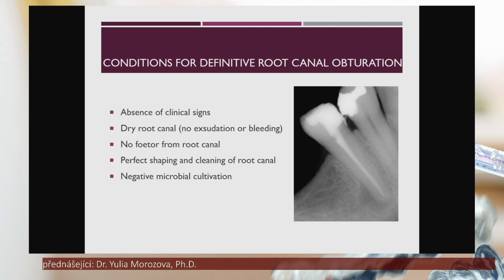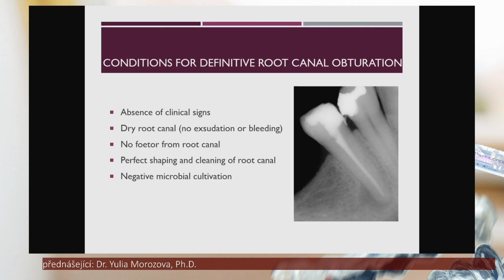Also, we should be sure that we are able to provide perfect drying of the root canal. It means that there is no bleeding or exudation from the root canal and no pus from the root canal. Once we have some exudation or pus from the root canal, it means that we still have some bacteria inside this root canal, and we provide some additional shaping or additional chemical treatment.